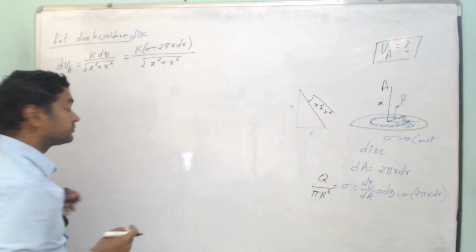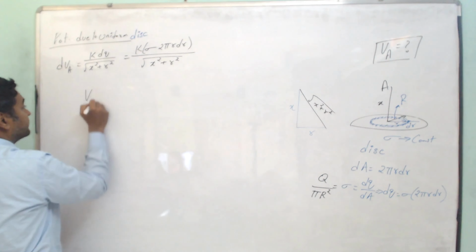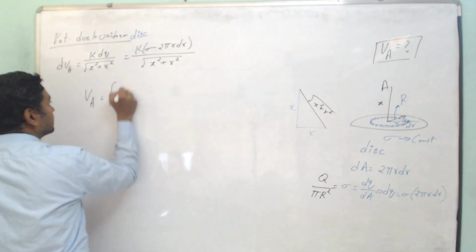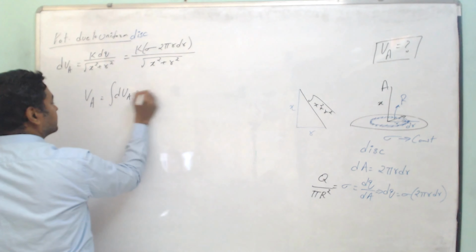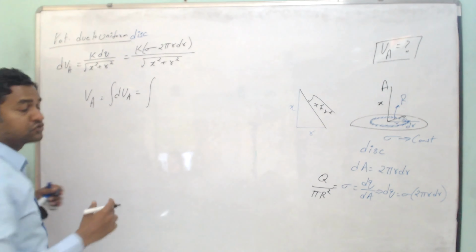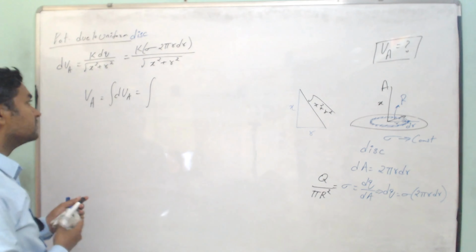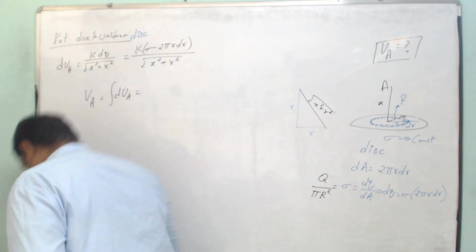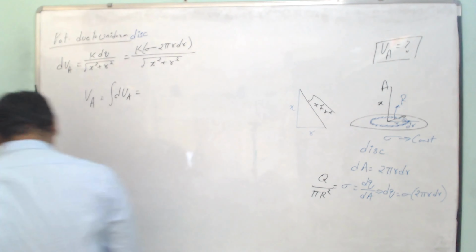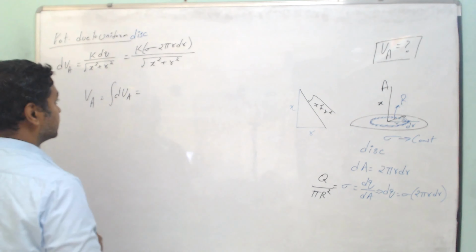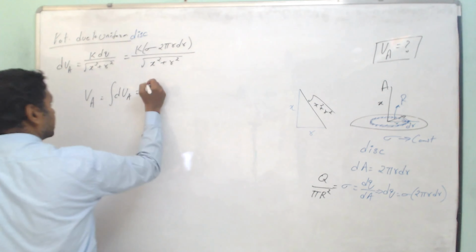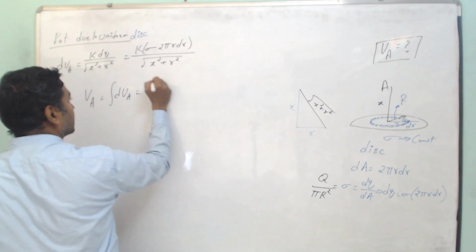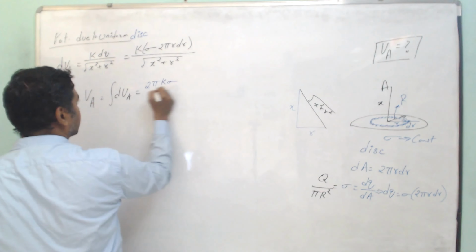First integrate. So next I will write VA is equal to integral of dVA, which is equal to integral of this entire expression, right? So I can take the constants outside, K sigma 2 pi.